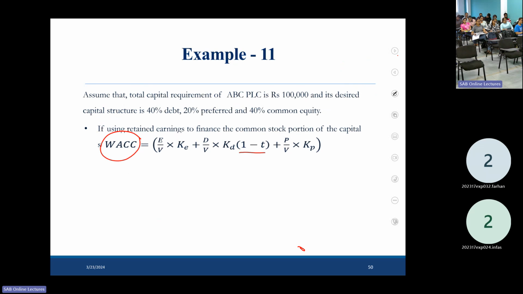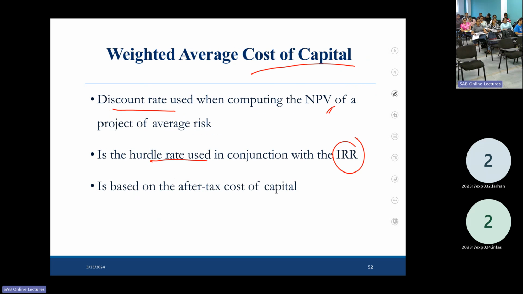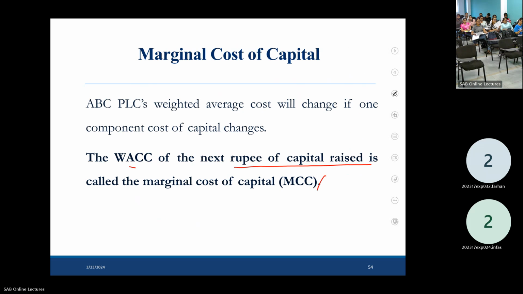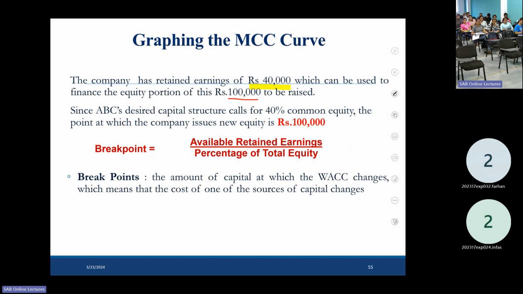Now you are given that the available retained earnings of the company is 40,000. Since ABC's desired capital structure for common equity is 40%, you can identify what we call the break point, at which capital level the company is required to issue new shares.